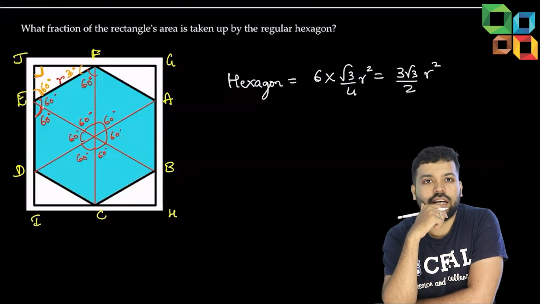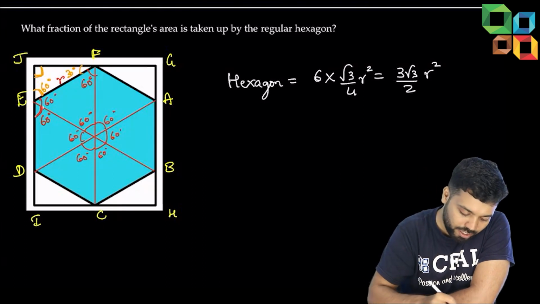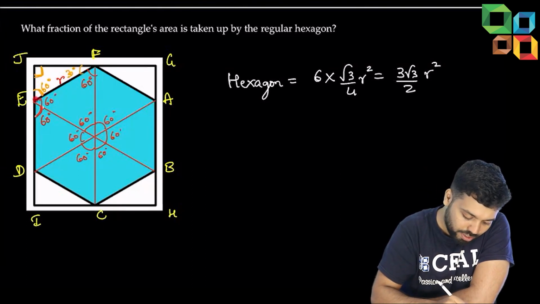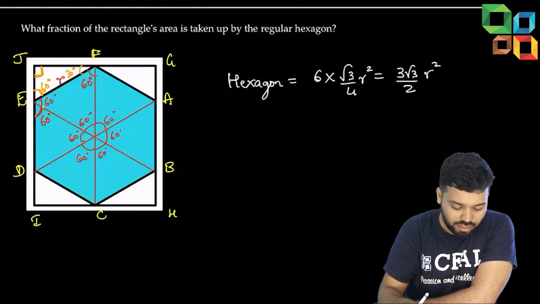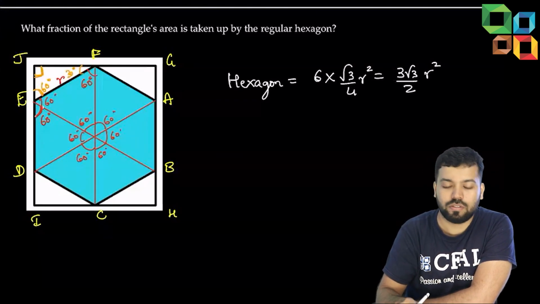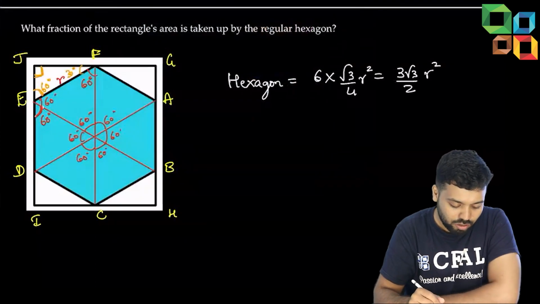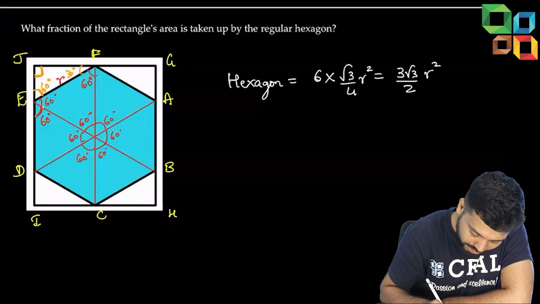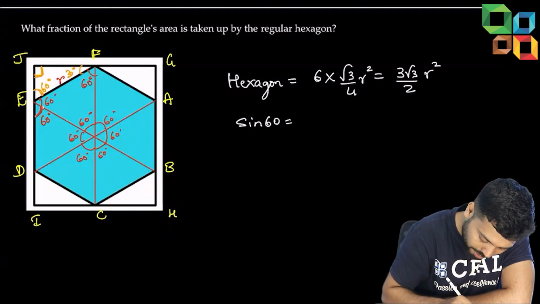Now, can you tell me what is JF in terms of R? √3R/2. Yeah, so I think everyone knows at least the basic things in trigonometry. So we have sine 60. I'm using this angle for this triangle.